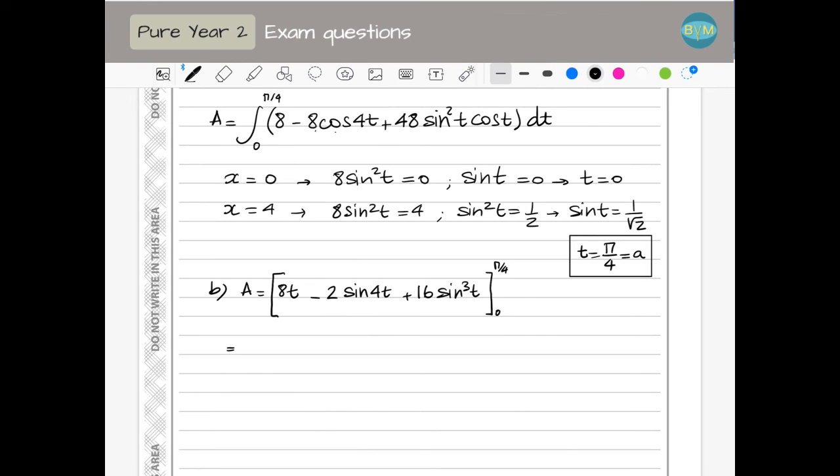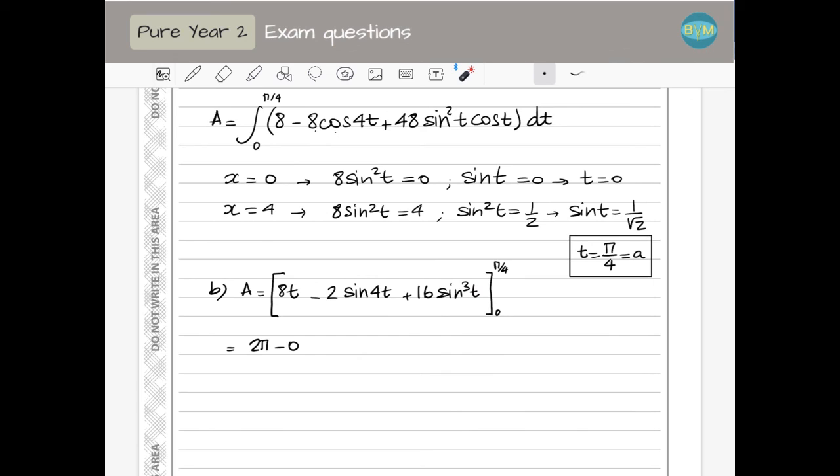When I substitute by pi quarters, I have pi quarters times 8 is 2 pi, sorry. Pi quarters times 4 is pi, sine of pi is 0, so minus 0.